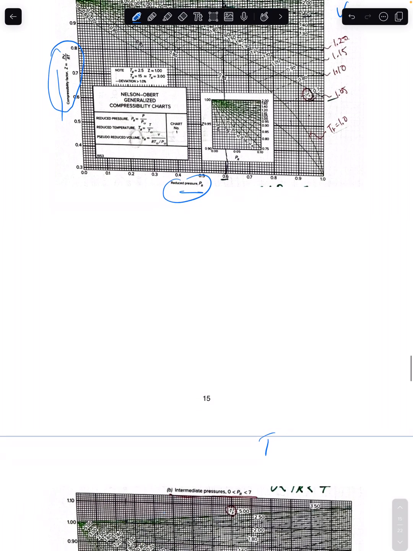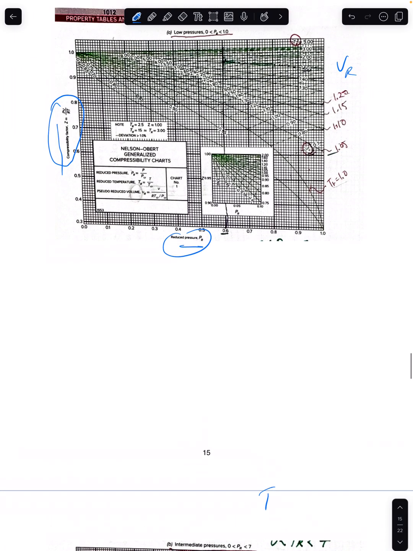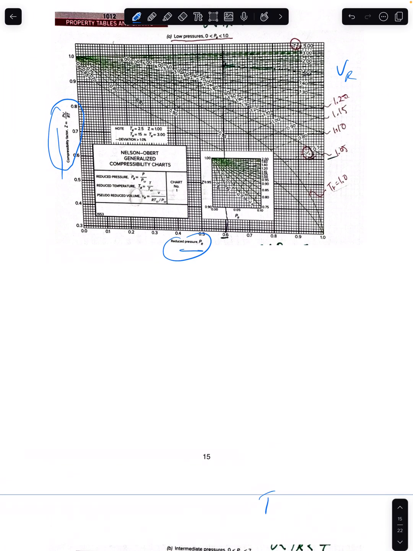Now with respect to what? Reduced pressure. So in this case, we could still relate that to, because it tells us that we can get the value for compressibility by just making sure we look at the reduced pressure.